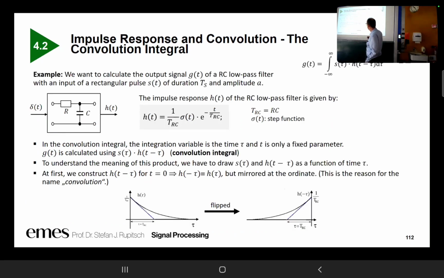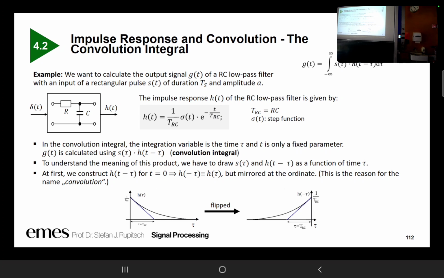And this we want to discuss for the impulse response of our simple RC low-pass filter. The impulse response is written here. It's a decaying step response. It makes sense. If we put a rather high pulse into an RC low-pass filter, the output will jump a little bit and then it will decay with an exponential function with a negative argument.